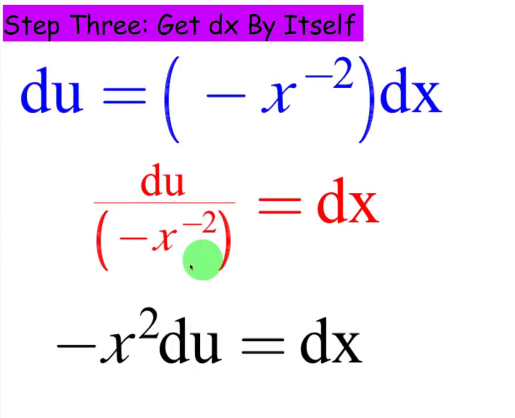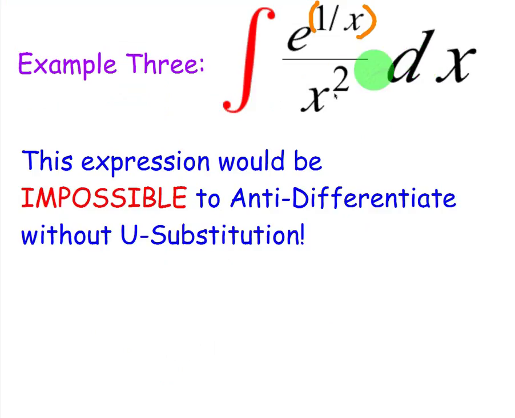And then we will divide both sides by negative x to the negative 2. So we get dx equals du over negative x to the negative 2. And since x to the negative 2 is on the bottom, we can make it positive and put it on top. So it will be negative x squared du equals dx. And now we can see that when we replace dx with this, the x squared will cancel, which is what we want.